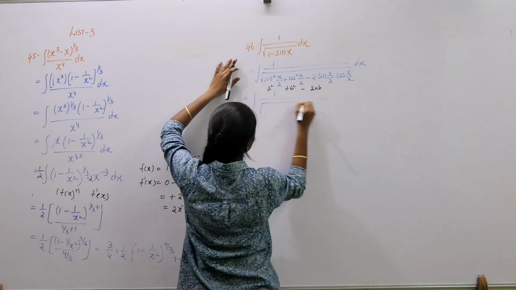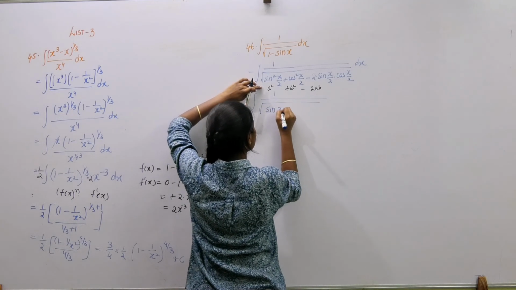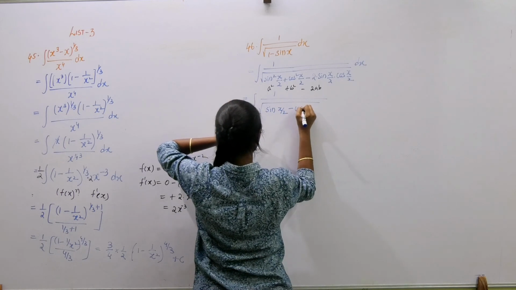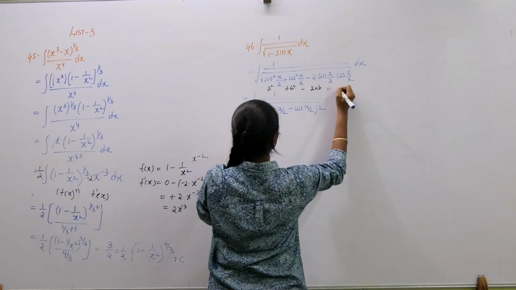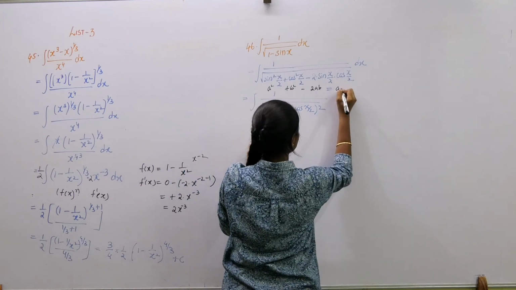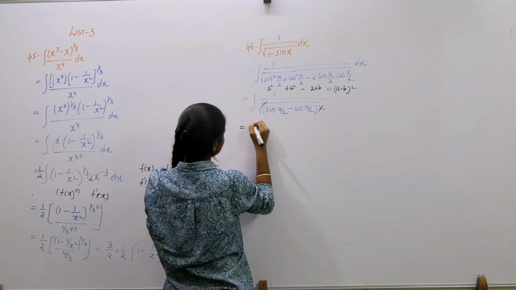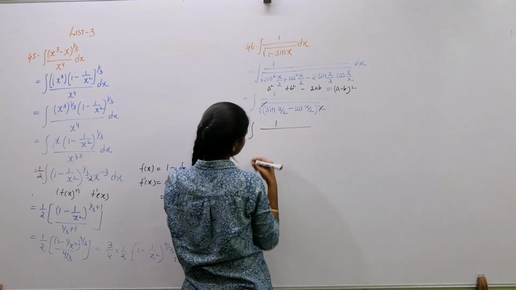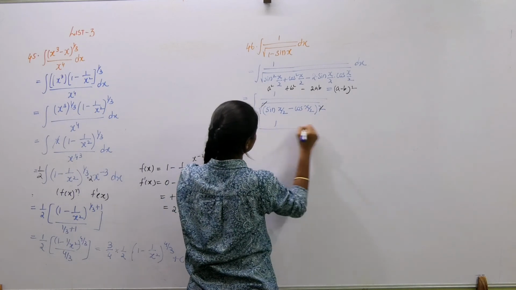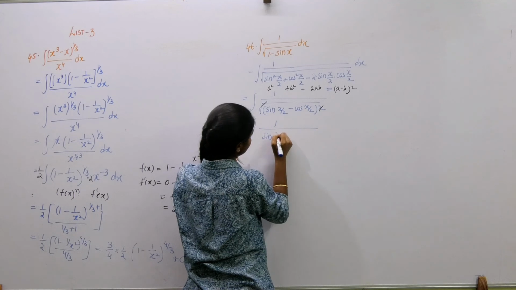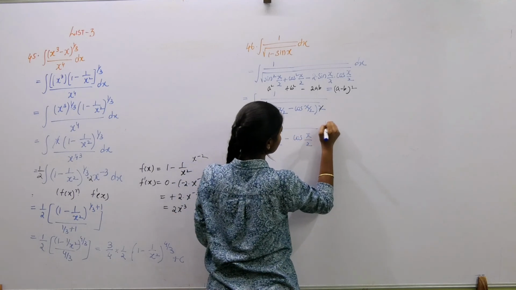So when we substitute it here, we get sin x by 2 minus cos x by 2 whole square, which is a minus b whole square. Now the 2 and square root get cancelled. We have integral 1 by sin x by 2 minus cos x by 2 dx.